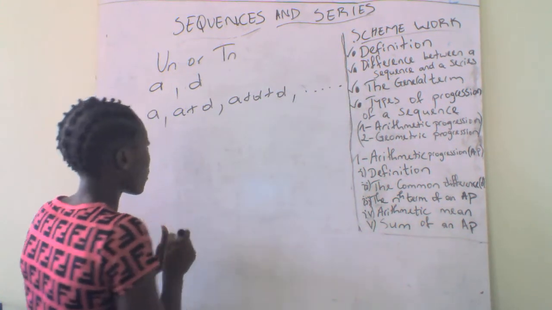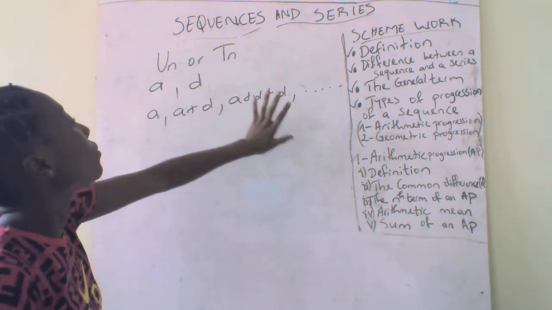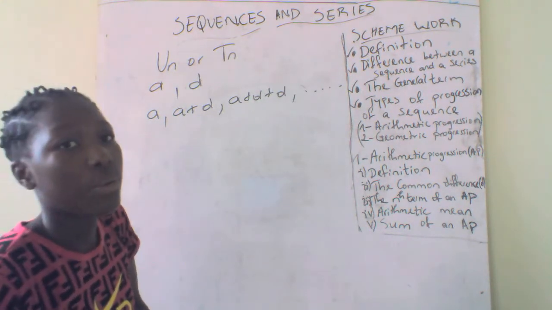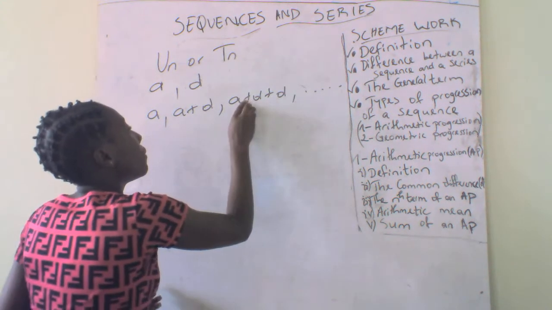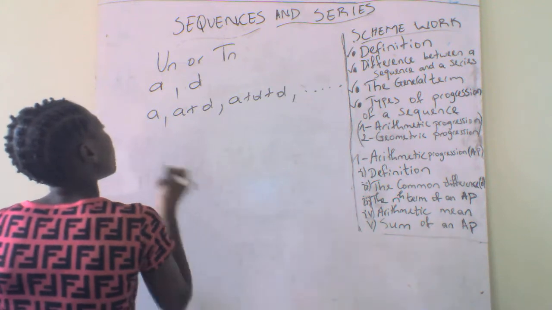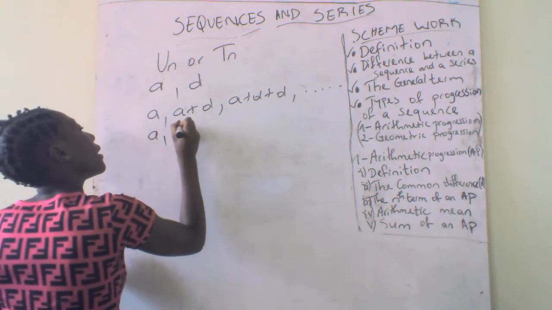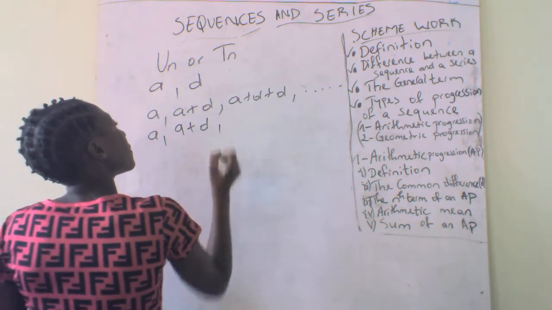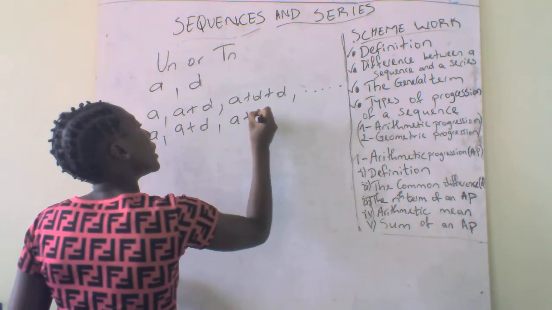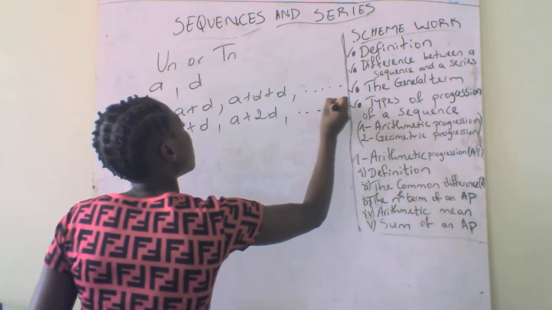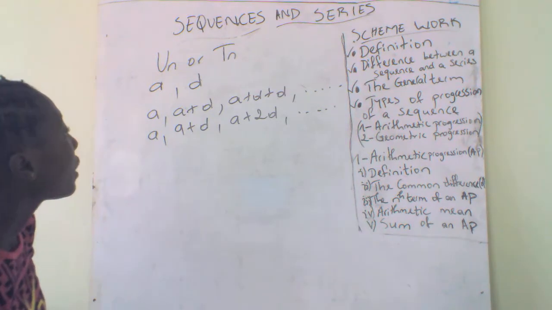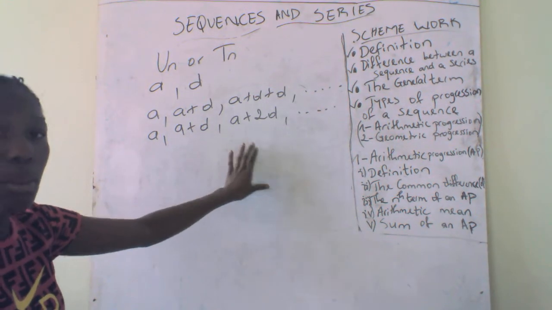The fourth term is equal to the third term plus the common difference, and so on. So we have A, A plus D, A plus 2D, and so on. This is our arithmetic progression.